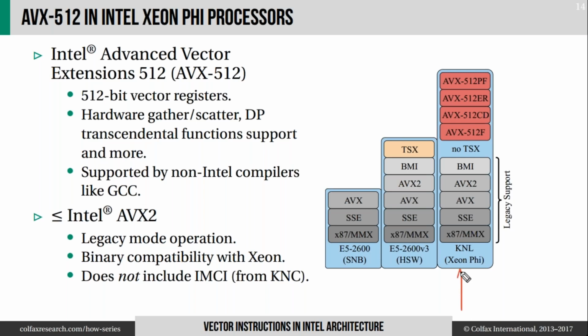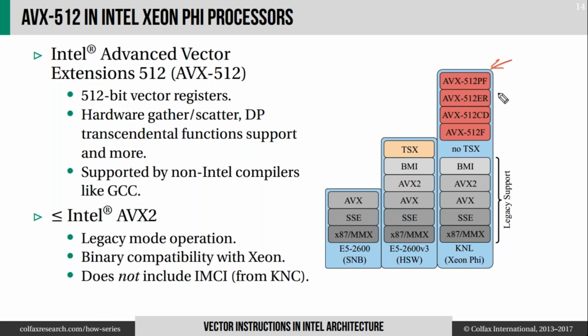For example, if you take a Knights Landing processor, latest second generation Xeon Phi, it supports its native AVX 512 instructions. But if you throw at it an executable with legacy instructions, they will still run. They will use only a fraction of the vector register. They will not run efficiently, but they will at least still run.